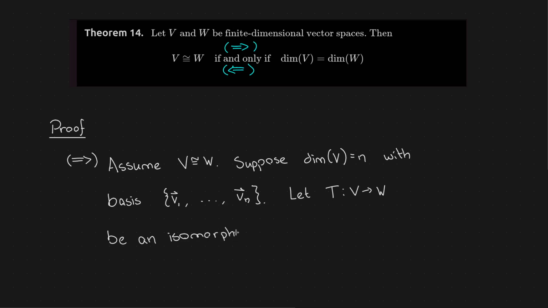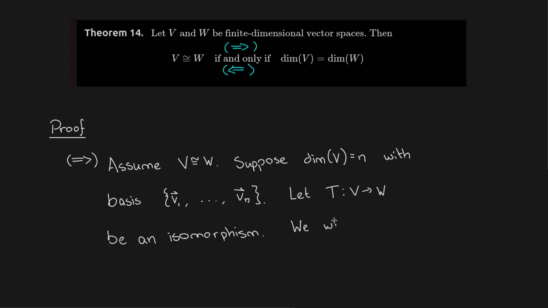So it is an invertible linear transformation. Okay? It doesn't really matter which one. Generally, for any two vector spaces, there's going to be multiple possible isomorphisms between them. If any one exists, then they are isomorphic. Okay?